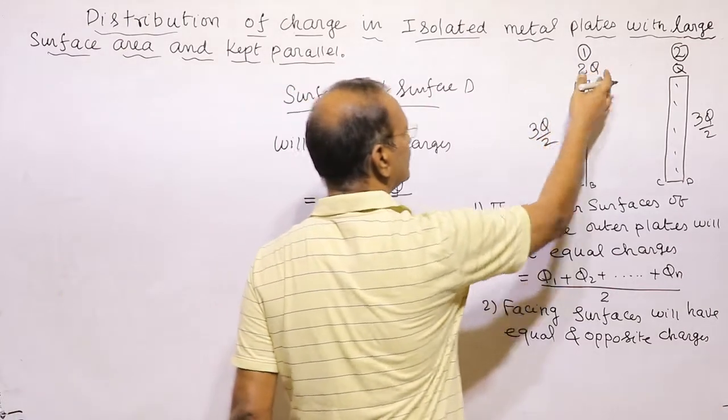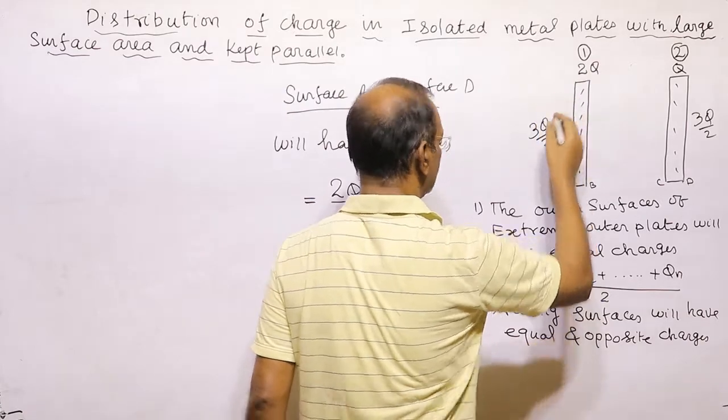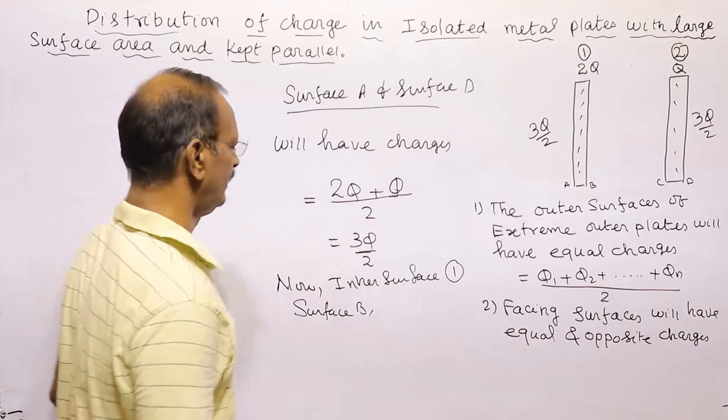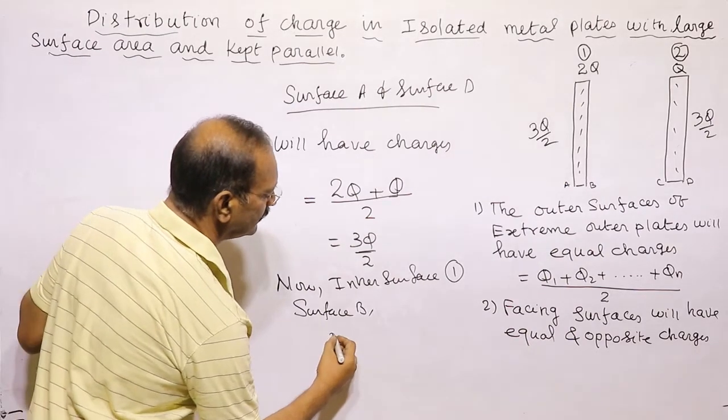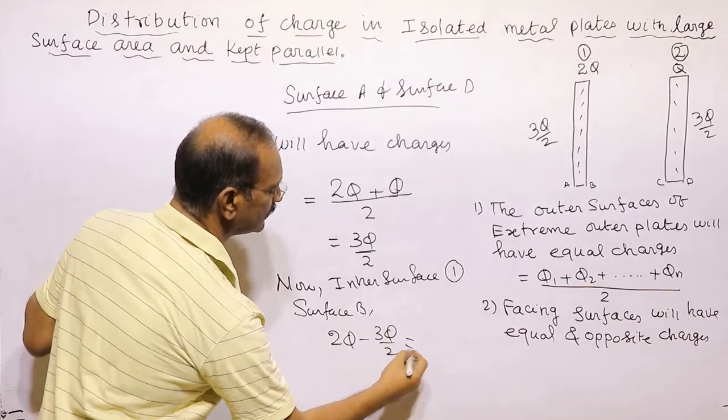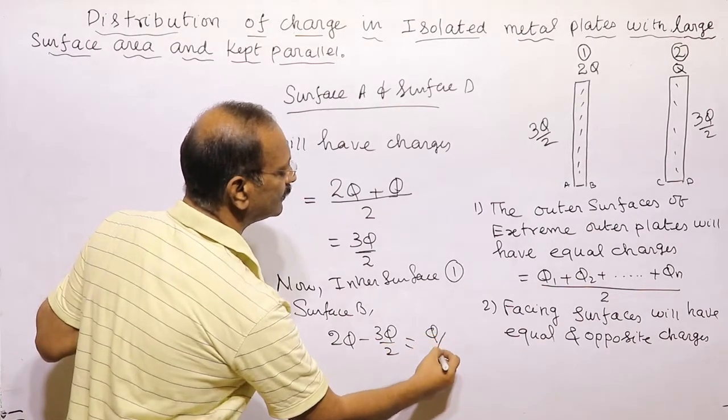Total charge minus the charge on this outer surface, because the summation of this charge plus this charge is equal to the total charge. So the inner surface will have a charge of 2q minus 3q by 2, which is equal to q by 2.